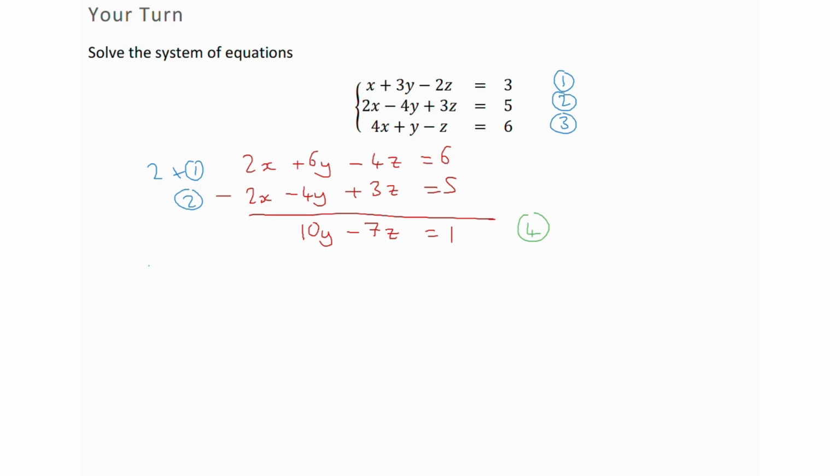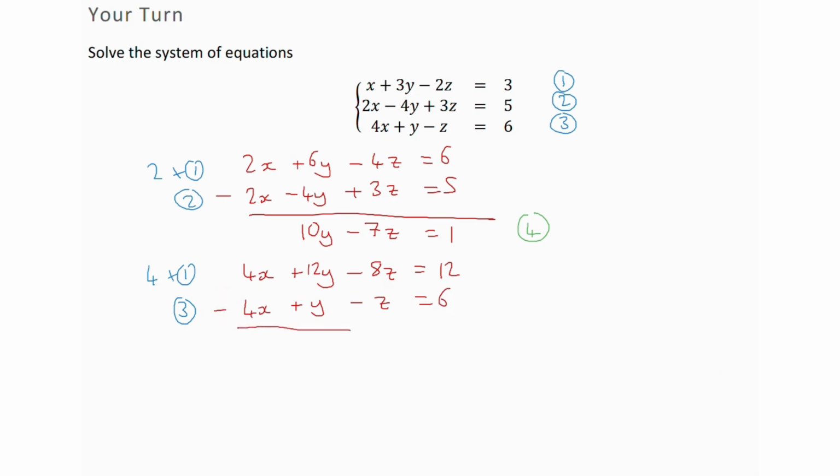So this time I'm going to do 4 times equation 1, which is going to give me 4x plus 12y take away 8z is equal to 12. And underneath that, I'm going to write down equation 3, which is 4x plus y minus z is equal to 6.